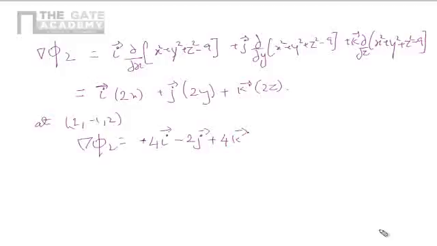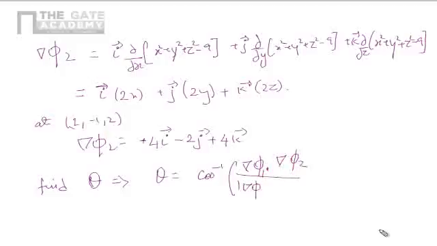Now find theta. Theta is nothing but cos inverse of del phi 1 dot del phi 2 divided by modulus of del phi 1 times modulus of del phi 2.